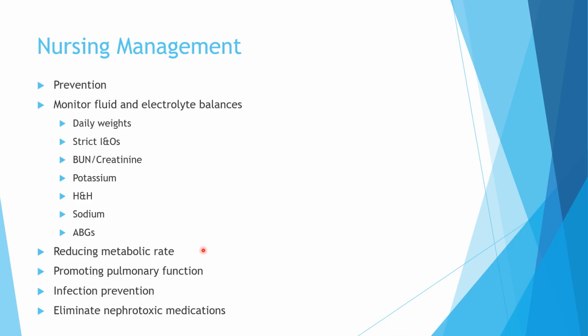We're going to want to reduce their metabolic rate. Okay, these are guys that we're not really promoting them to get up and walk around the unit 4 or 5 times a day. Okay, we want to kind of decrease their metabolic demand to allow those kidneys just a little bit of time to heal. Promote pulmonary function. So the way our body corrects a metabolic acidosis is by creating a respiratory alkalosis, right?